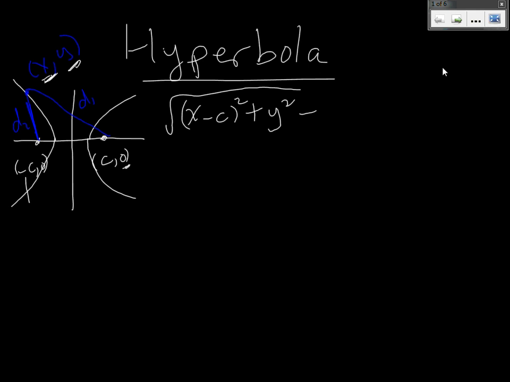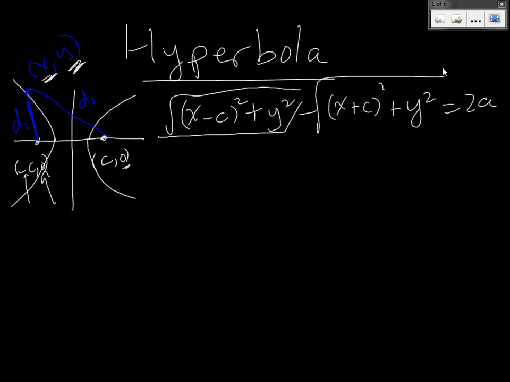X value minus x value, x minus negative c is x plus c, plus y minus 0 is y, squared, square root, and this equals 2a. d1 minus d2 is equal to twice a.